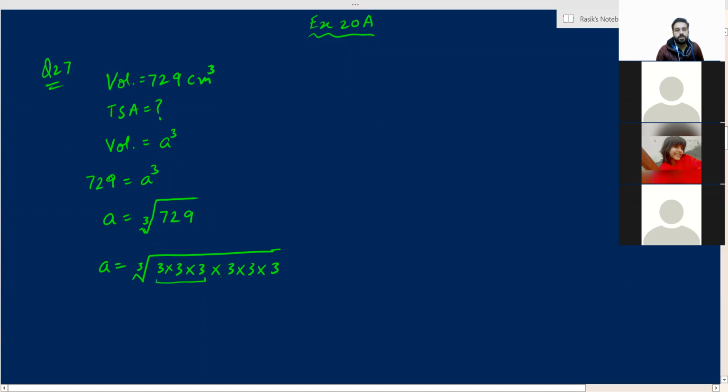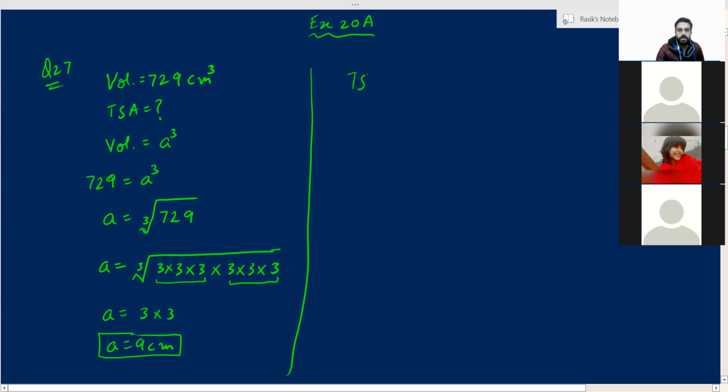So this is the first triplet and this is the second triplet. So a is equal to 3 into 3. A equals 9 centimeters. We have already done this in the chapter cubes and cube roots. You know how to find cube roots.